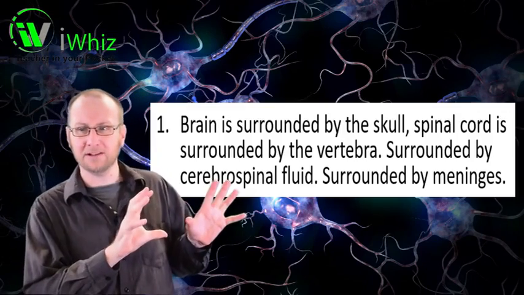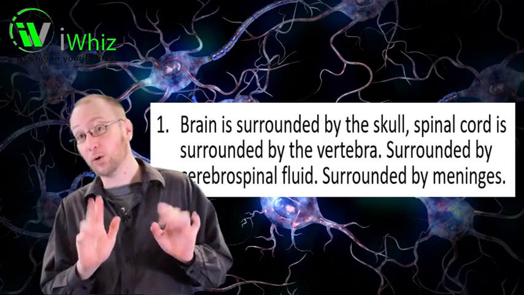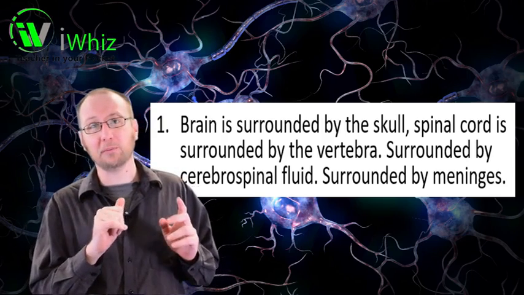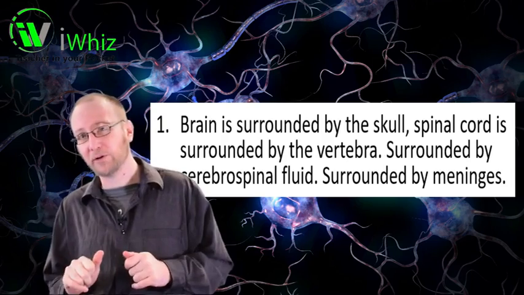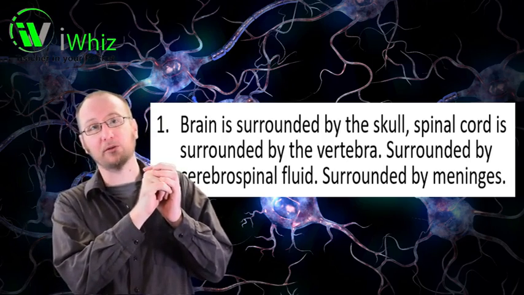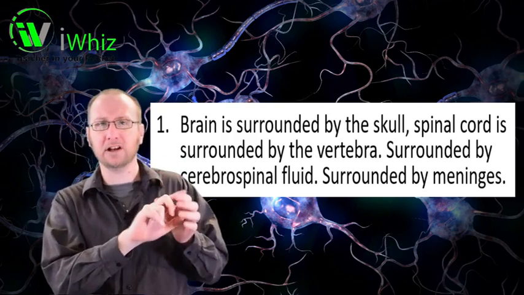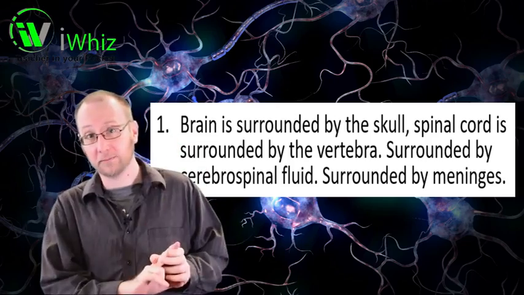So the first adaptation, you could have said the brain and spinal cord are surrounded by a system of membranes known as the meninges. And the meninges is made up of 3 layers, which is the dura, the arachnoid, and the pia mater.